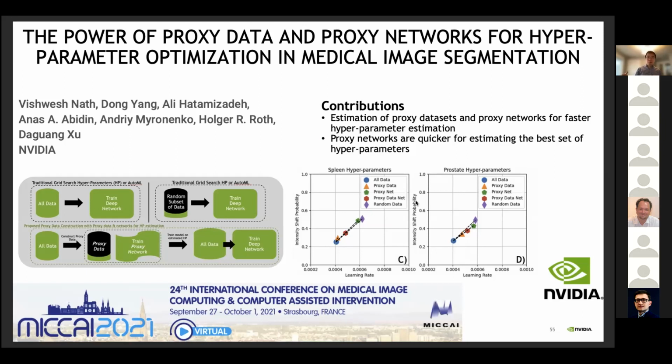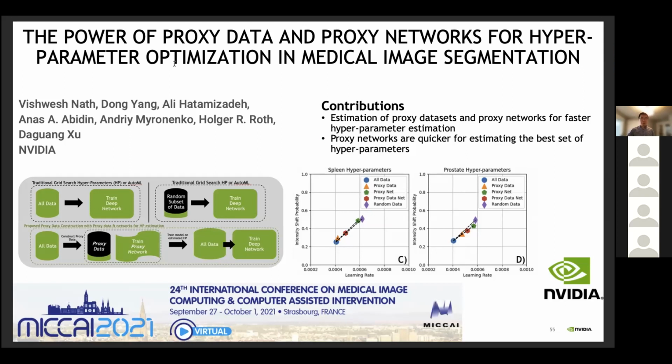This study is mainly to reduce such searching cost. There are two ways we can do it. One way is using a proxy data set, which means we use a subset of the entire data set to do the searching. Another way is using a smaller network to search for the hyperparameters, then we apply them to a larger network and a larger data set.